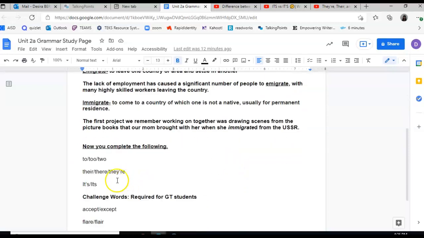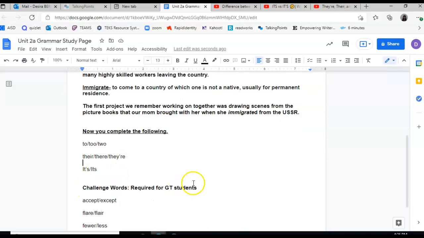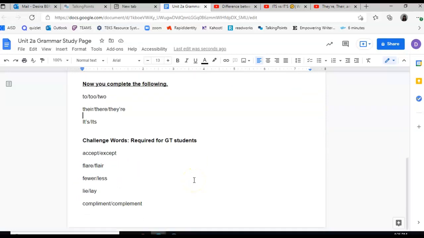So now you are going to complete the following words. To, too, and two, there, their, and they're, and its and it's. There are challenge words that you may also choose to do, but you do not have to do them.